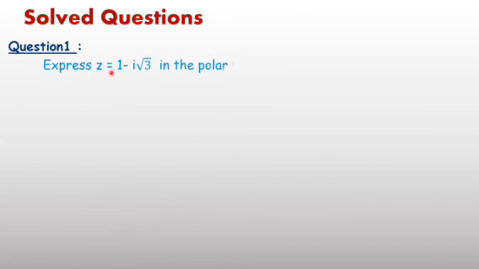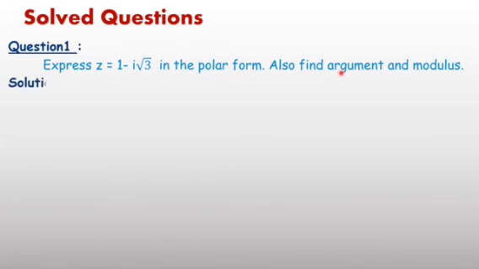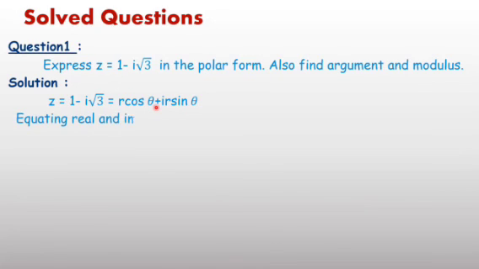Now some solved questions. z equal to 1 minus i root 3 is given. You have to convert it into polar form and also find argument and modulus. Solution: write 1 minus i root 3 as r cos theta plus i r sin theta.